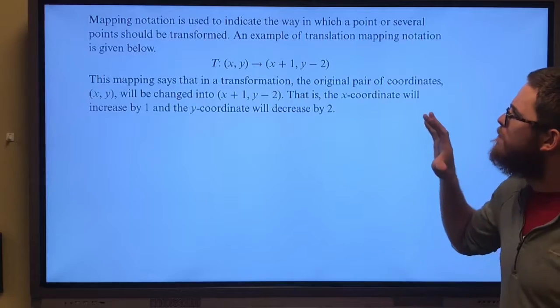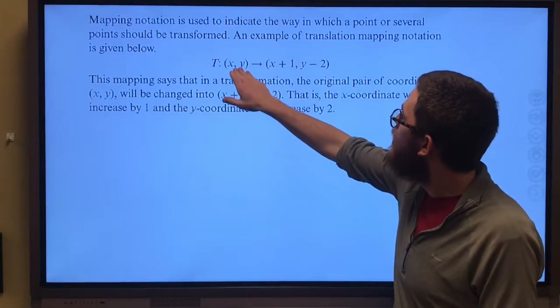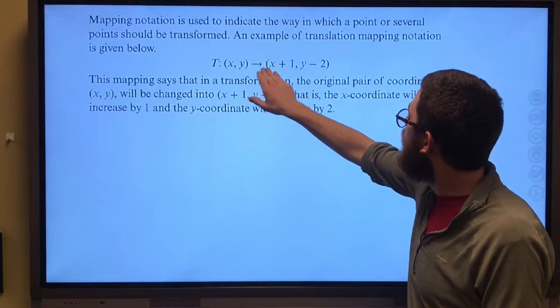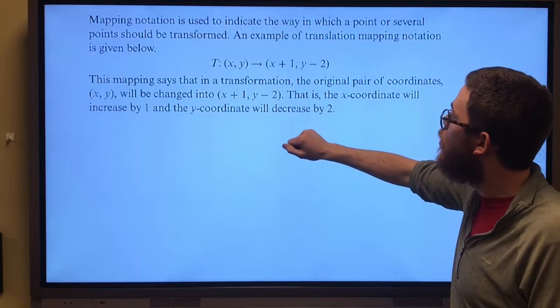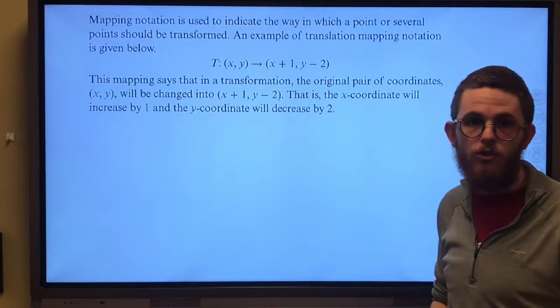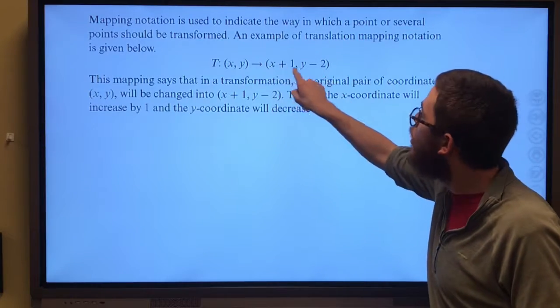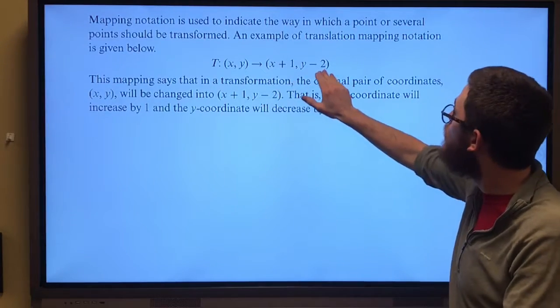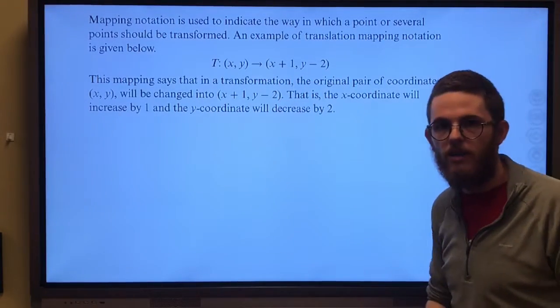We can use mapping notation. Well, here it says any x, y from our pre-image has to be shifted: the x coordinates by adding 1, the y coordinates by subtracting 2. So that means we're going 1 unit to the right and 2 units down, because we are adding 1 to the x and subtracting 2 from the y.